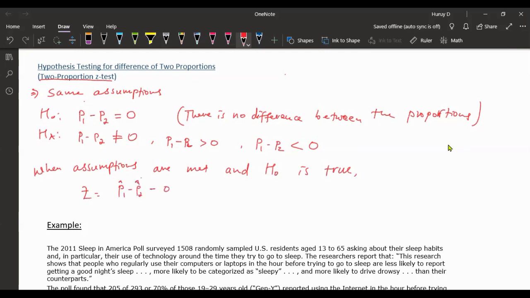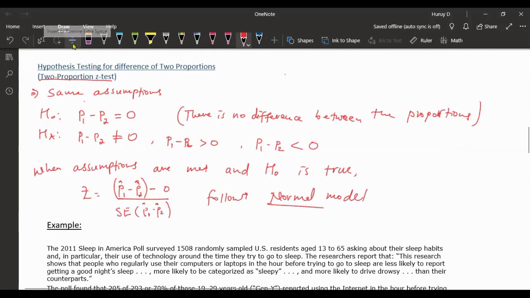Minus 0. Well, you don't have to write this one actually, but over the standard error of p hat 1 minus p hat 2 follows the normal model. Okay, again, we have the model that we love most, which is the normal model.